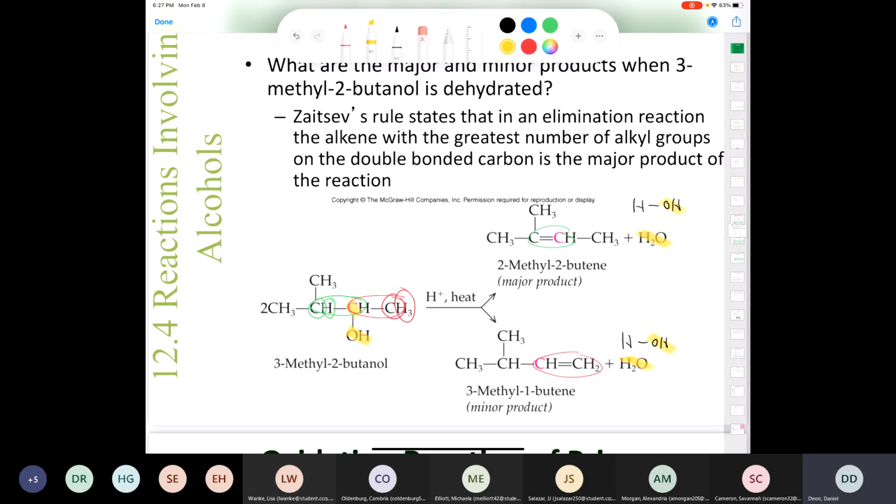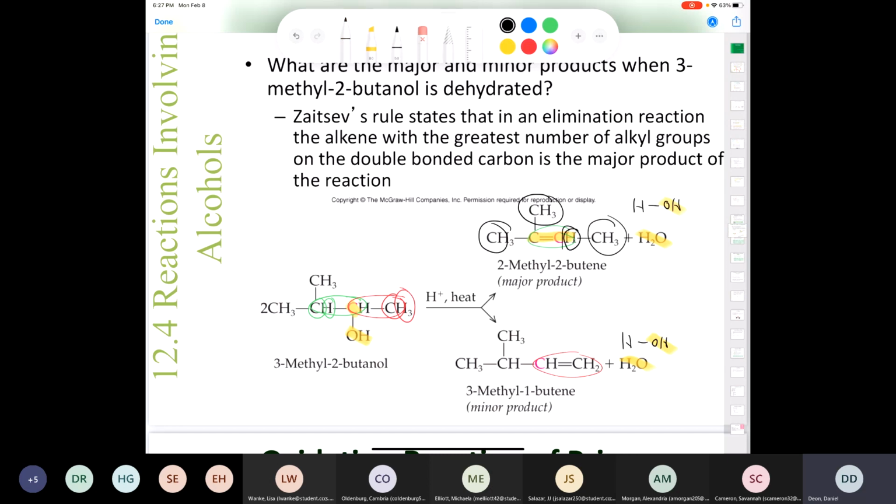I have a question for you. How many R groups are attached directly to the double bond in 2-methyl-2-butene? How many R groups total? Yeah, thanks, Aaron. The answer is 3. Right, there are 3. 1, 2, and 3.